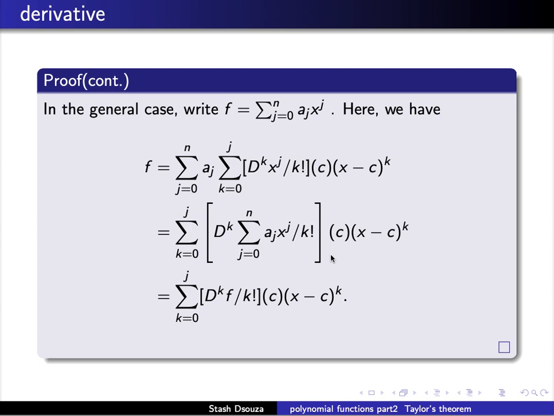So we bring the external summand in, and we now write it as the sum as k goes from 0 to j of the kth derivative of the sum as j goes from 0 to n of aj x to the power j over k factorial evaluated at c times x minus c to the power k. We've simply brought these coefficients aj into the derivative, and so too have we brought the sum, which depends on j alone and has no dependence on k whatsoever.